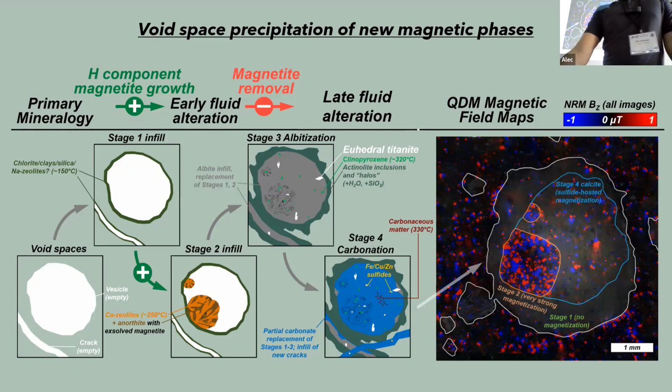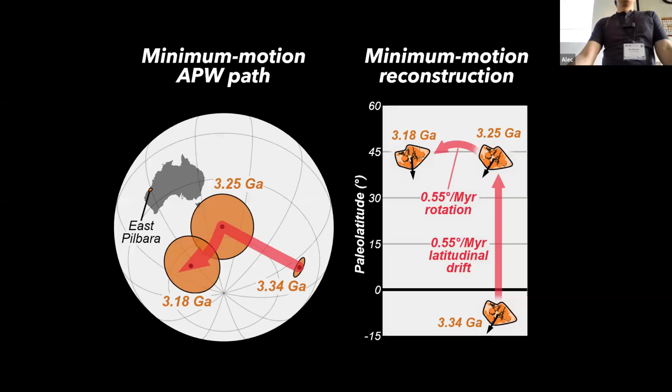Your Pilbara motion reconstruction is really fascinating, especially since it's in a 3.1, 3.2 window where a lot of people are arguing about plate tectonics. I'm wondering if there's anything anomalous enough about it in terms of rates of motion, et cetera, that might speak more broadly to what plate tectonics was doing at that time: spreading rates, the presence of other continental masses, inferred subduction, production of continents, anything like that. Yeah, absolutely. Unfortunately, we can't really say all that much with what we have so far. This is a big reason why we're working on multiple rocks of multiple ages in the Pilbara and elsewhere, to get at some of these questions.